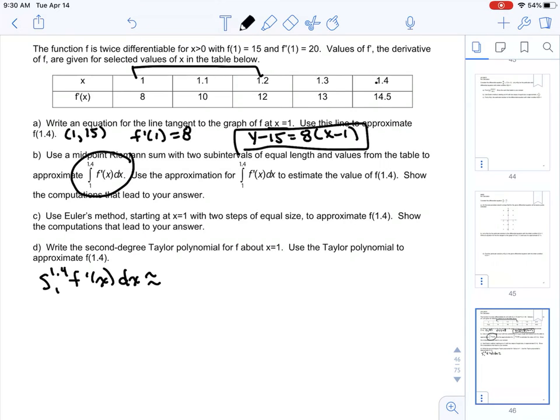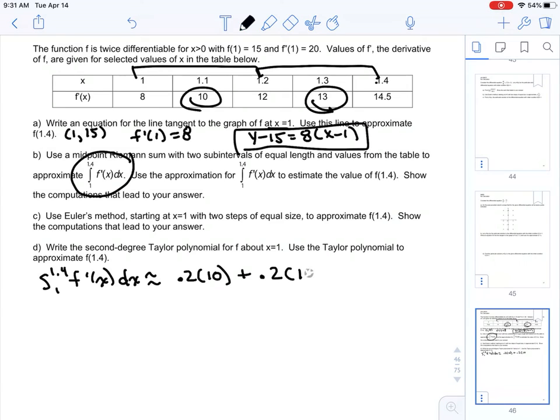So the width is going to be the change in x, which is 0.2. The height is going to be the y value, which is going to be the number in the middle here, which is 10. The next rectangle is going to go from here to here, which is 0.2 again. And the y value here we're going to use is 13. Okay, you can leave your answer like this. If you want to go ahead and actually figure this number out, 2 plus 2.6 gives me 4.6.